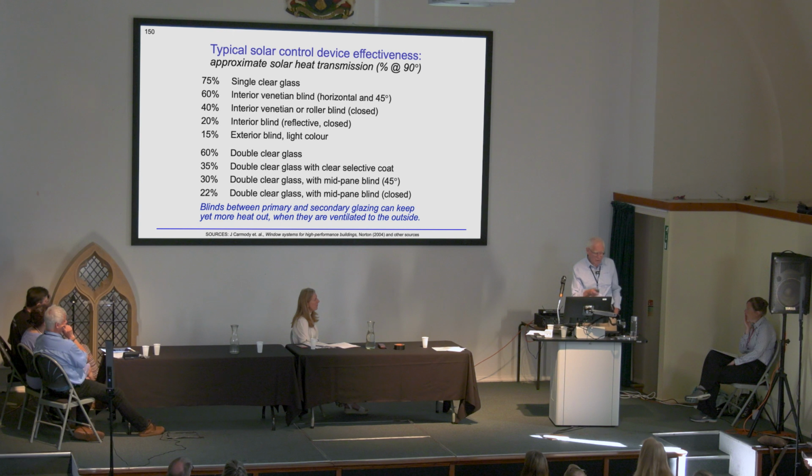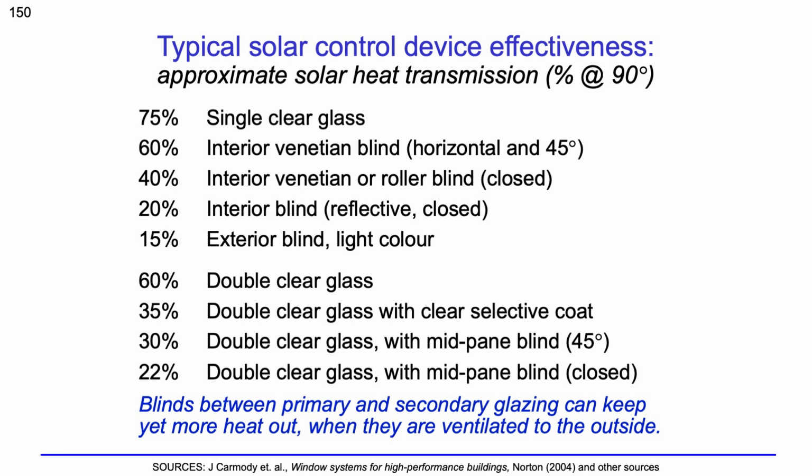You can also do clever things with glazing that they often do in modern highly glazed buildings, where you have a selective coating which lets twice as much light through as it lets heat through. So there are a lot of highly glazed buildings which do have quite a bit of solar control, but of course you can't change it when things are changing.